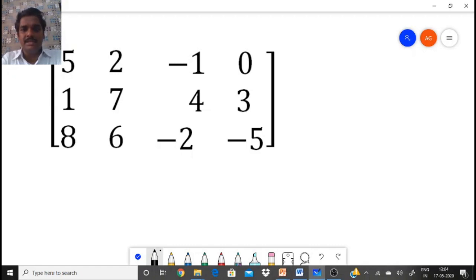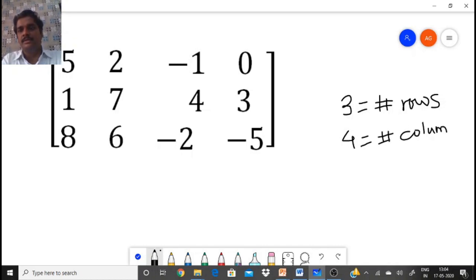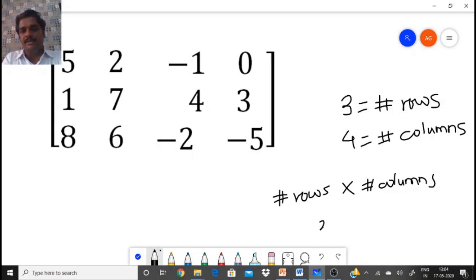Basically, you can see there are 3 rows. And how many columns are there? If you see, there are 4 columns, and the order of the matrix is number of rows into number of columns. So the order of this matrix is 3 by 4.